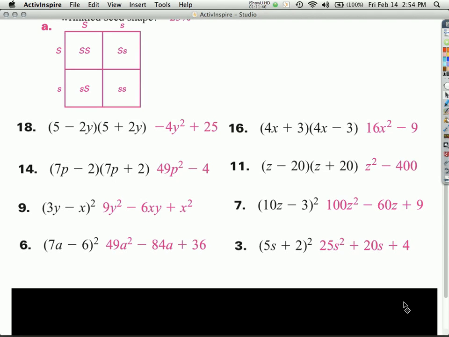It's not to the power of 2. It's times 2. So you should not have left it that way. All the middle terms should be there. So, for example, in number 6, to get the middle term, 7a times negative 6 is negative 42a times 2.